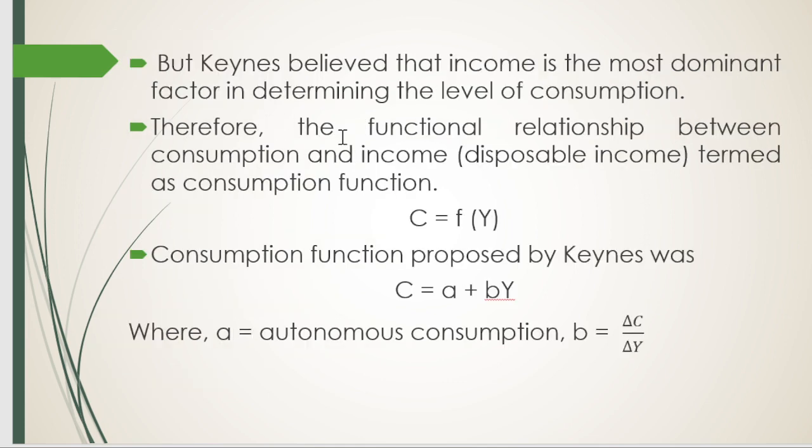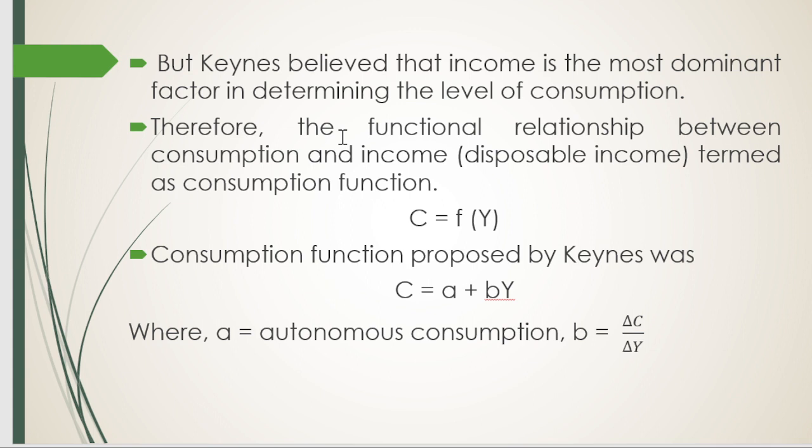Out of all these factors, Keynes believed that income is the most dominant factor in determining the level of consumption. That is why the functional relationship between consumption and income, according to Keynes, is termed the consumption function. Consumption is a function of income, and Keynes has taken this income as real absolute disposable income.